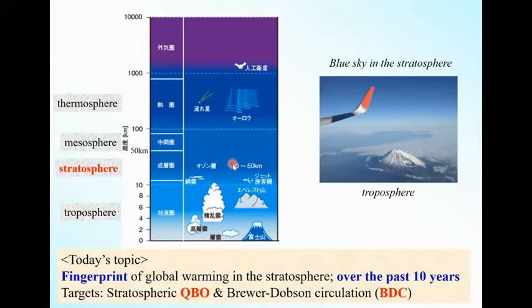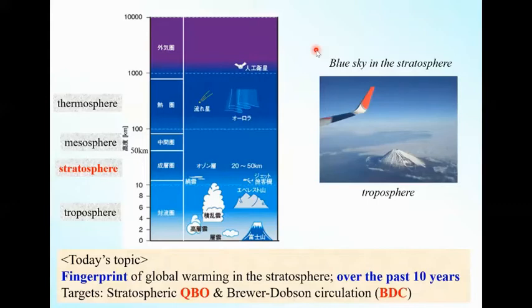When you ride on a plane, you can see, for example, Mount Fuji below. Here is the troposphere, but you can see a very clear and blue sky above. This is the stratosphere. In global warming studies, many phenomena related to the troposphere have been investigated, but we found a fingerprint of global warming in the stratosphere too.